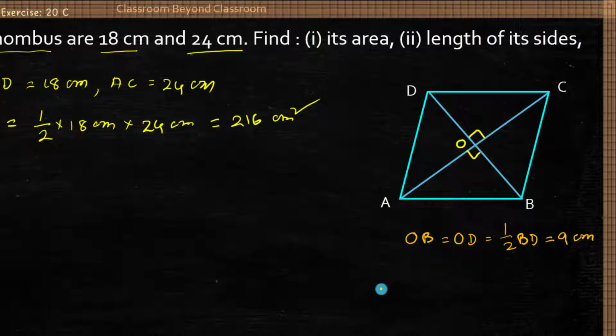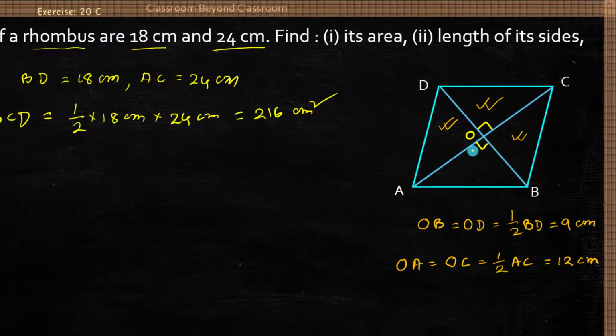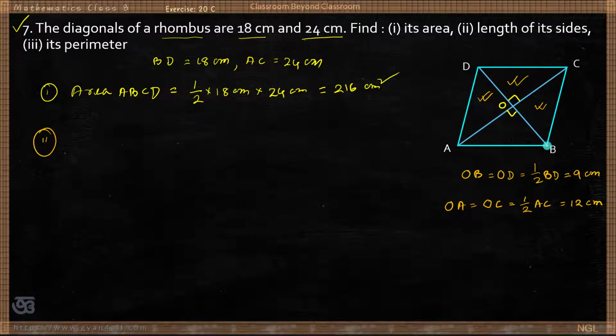Again, AC is bisected, so OA is equal to OC, that is equal to half of AC, and AC is 24 centimeters, so this is equal to 12 centimeter. So diagonals bisect each other at right angles. So whatever triangles we get, all triangles are right angle triangle. Similarly, OAB, this is also a right angle triangle.